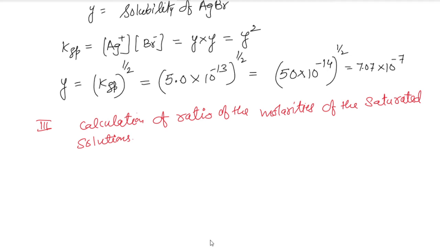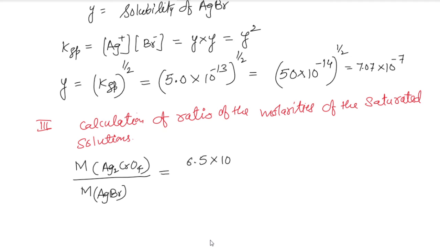So it is the molarity or solubility of Ag2CrO4 divided by the molarity of AgBr. The molarity of Ag2CrO4 is 6.5 into 10 raised to minus 5, and it is 7.07 into 10 raised to power minus 7.